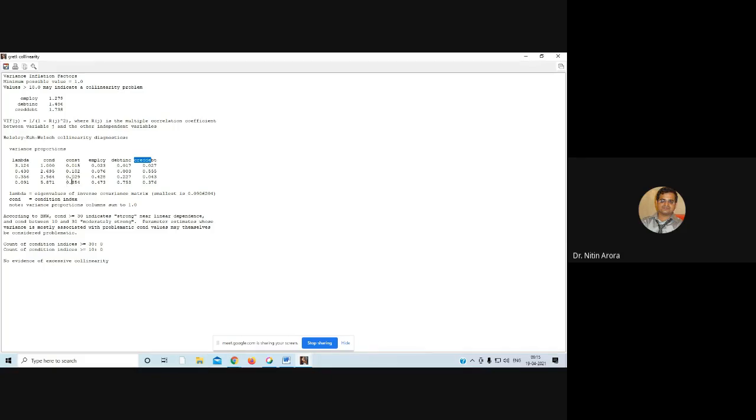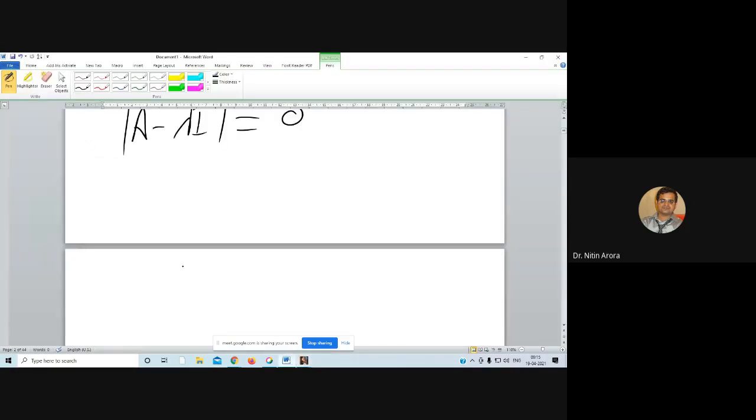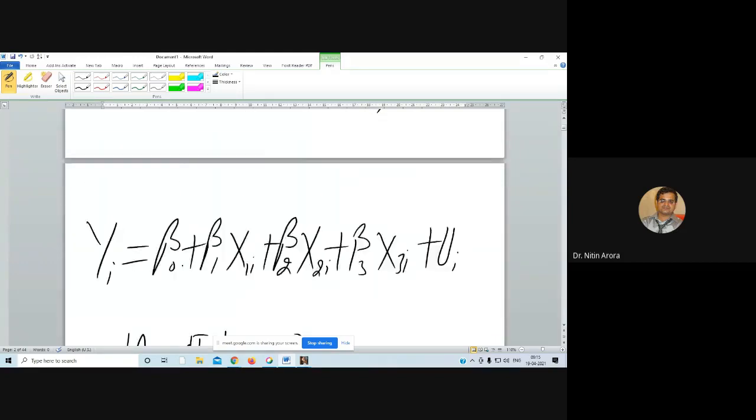When there are four parameters, a 4 by 4 matrix will be available, so four roots have been computed. No root for employment, debt to income ratio, or credit to debt ratio is exceeding the prescribed limits. We can say condition index has been constructed using these lambdas. It is not exceeding.